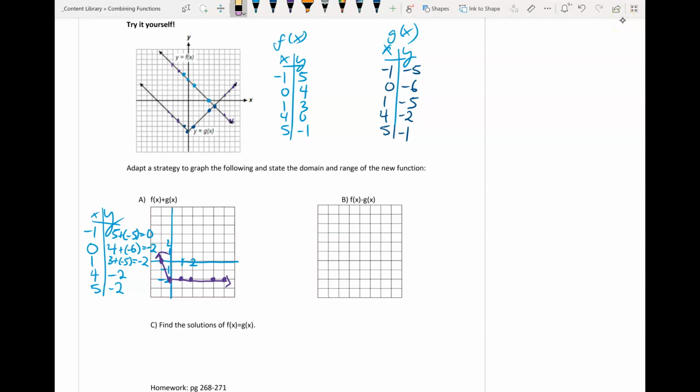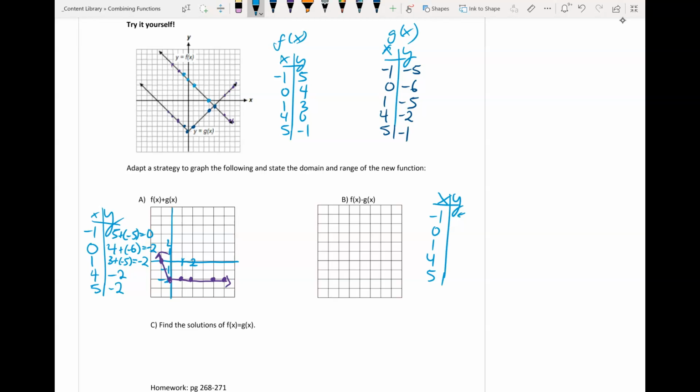Moving on to the next one, we have f of x minus g of x. We're going to start off by writing a table of values, keeping our x values the same. Okay, order does matter because we're subtracting.